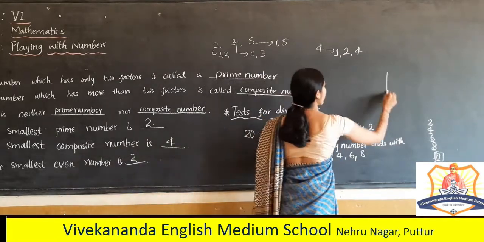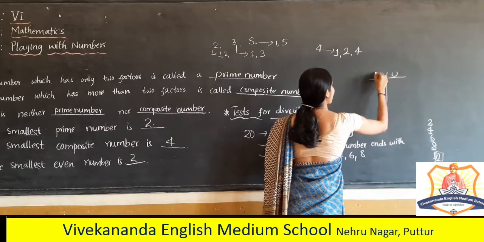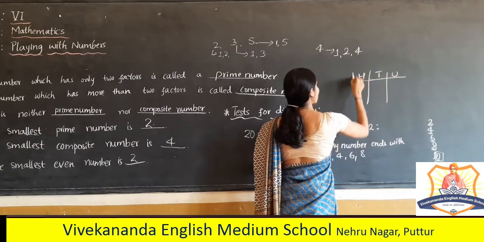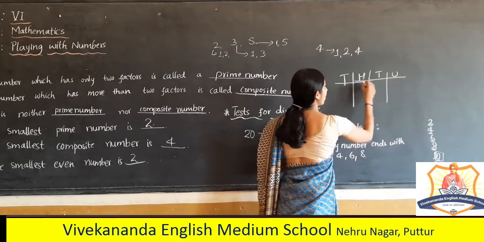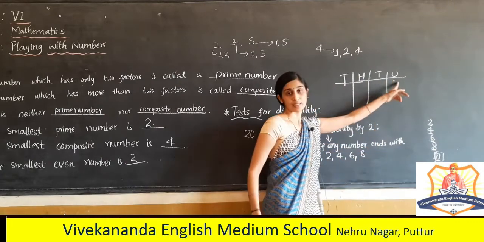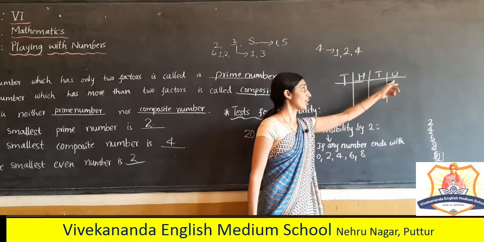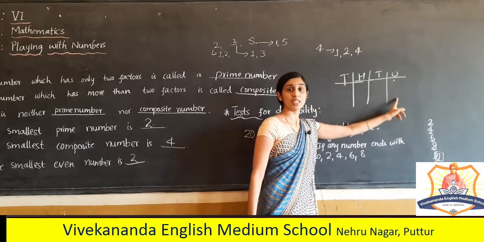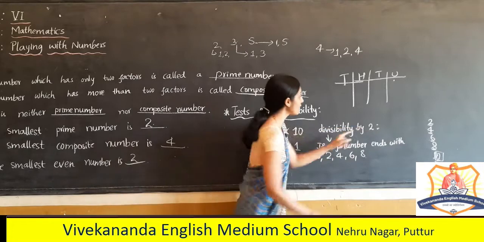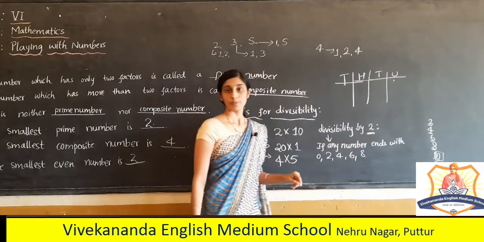Units place, I hope you know. Units, tens, hundreds, thousands. So this is the units place. Understood? Any number which consists of an even digit in its units place is always divisible by 2.